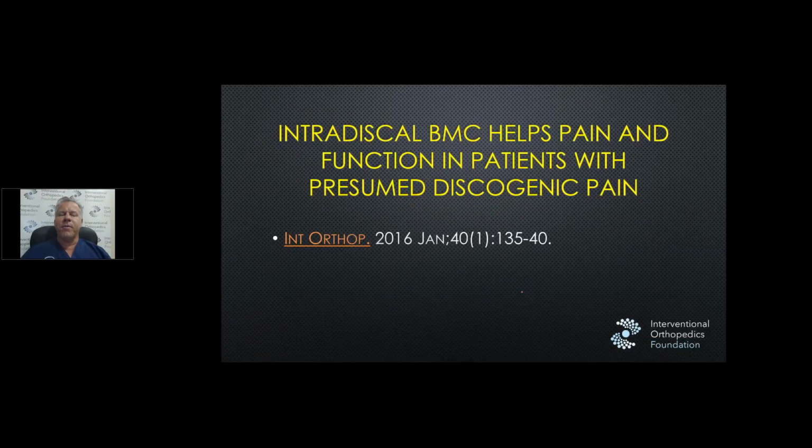We also have another paper by Patine that was published a while back, and then there was recently a two-year look at these patients. This is a case series, not a randomized controlled trial like the first one. And one of the problems with the study is they didn't use discography in everyone. So it's a little difficult to tell.